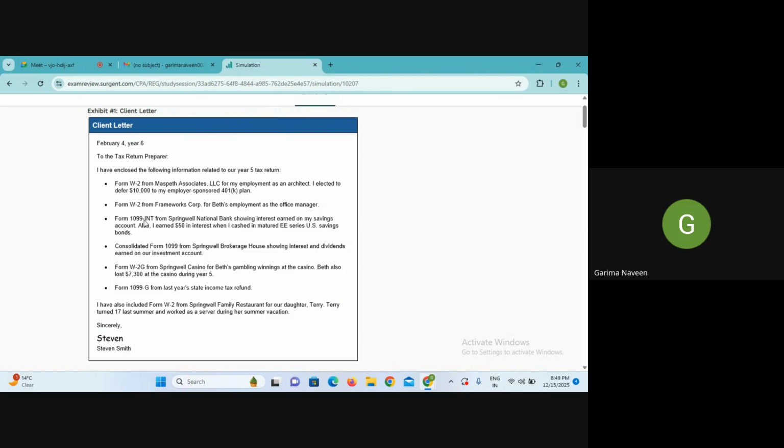This interest is coming from Springwell National Bank, on their savings account. You need to find whether this interest will be taxable. If yes, then it will be reported in your answer. The next interest they get is when they cash their matured EE series US savings bonds.